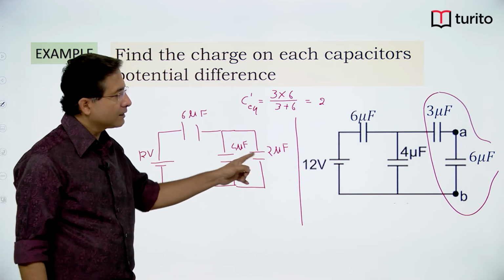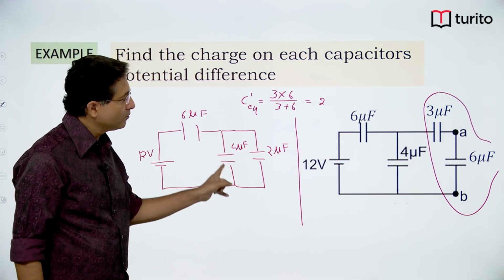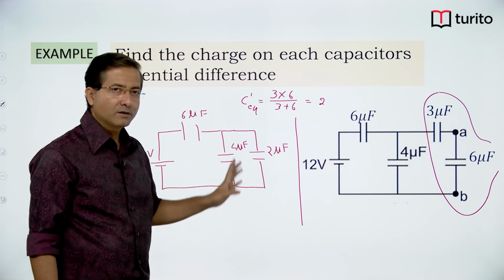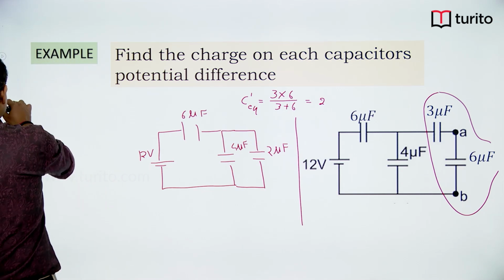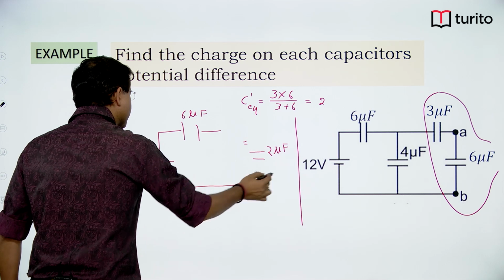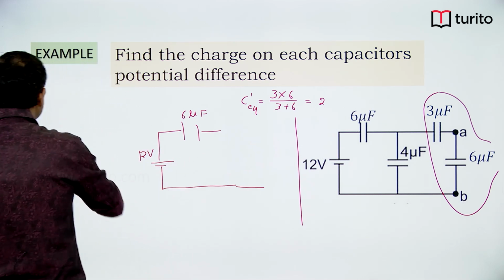This 2 and 4, they are connected in parallel. So, parallel combination formula I can apply, C1 plus C2. So, 2 plus 4 will give you 6, right. So, this whole thing is nothing but 6. So, I will draw 6 microfarad here.